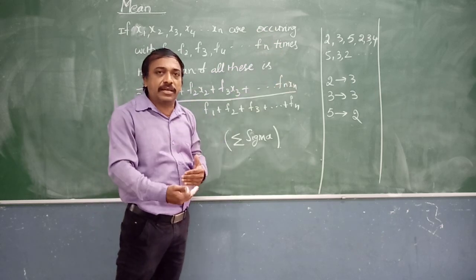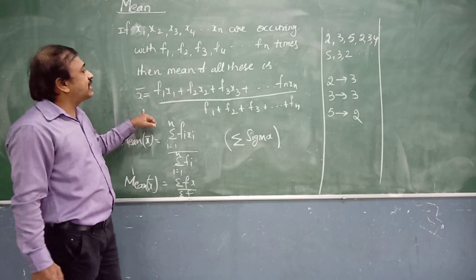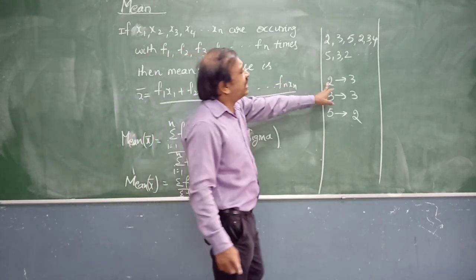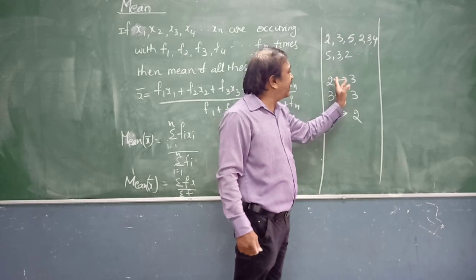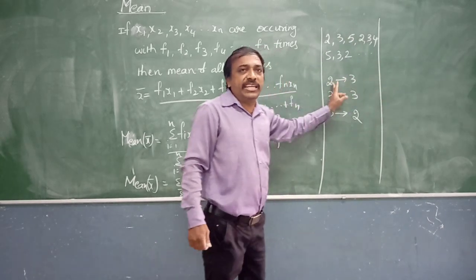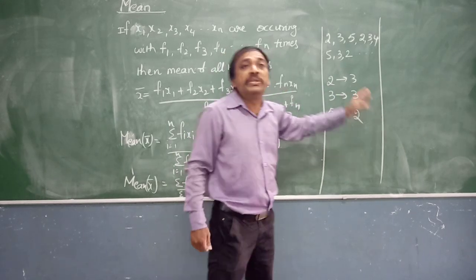If the observations are repeating, then the mean of all the data, x bar, is equal to: 2 is repeating 3 times. Instead of adding 2 plus 2 plus 2, we are taking 2 into 3. We are taking 3 into 3. We are taking 5 into 2.